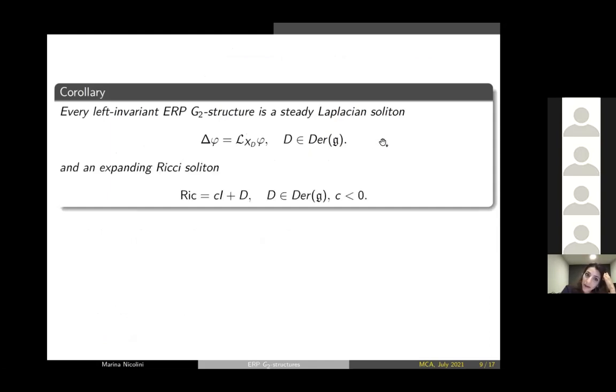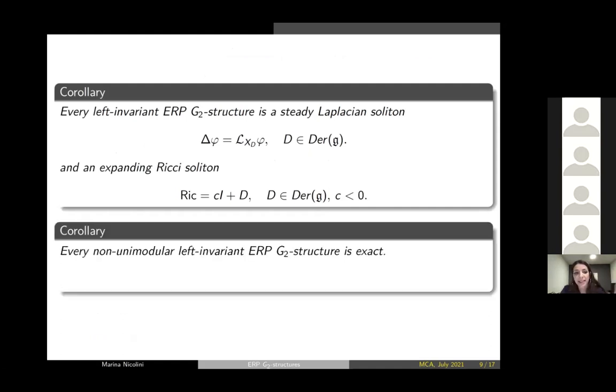And it's also an expanding Ricci soliton, so it satisfies this equation. The second corollary is that every non-unimodular left-invariant ERP G2 structure is exact. Why do we have to ask non-unimodular? Because we can write the G2 structure as the derivative of these two forms, and here it involves the inverse of the trace of A1, so it cannot be 0.